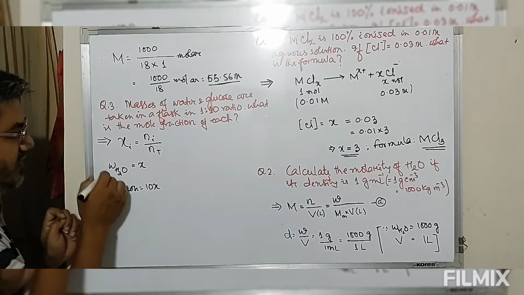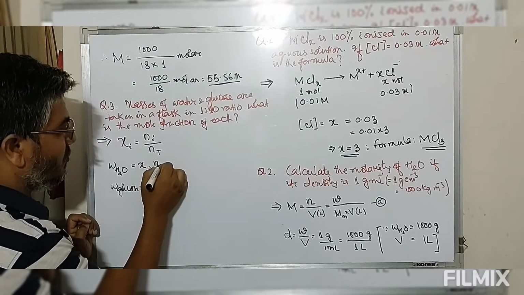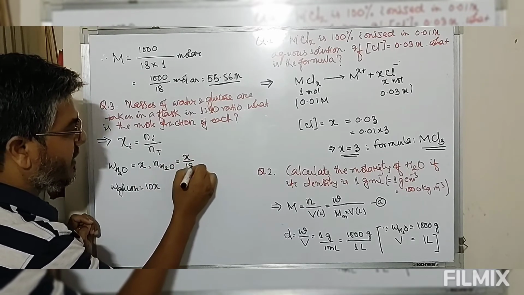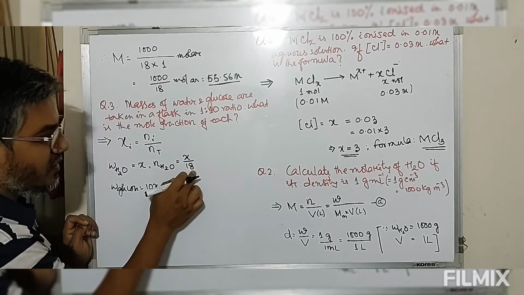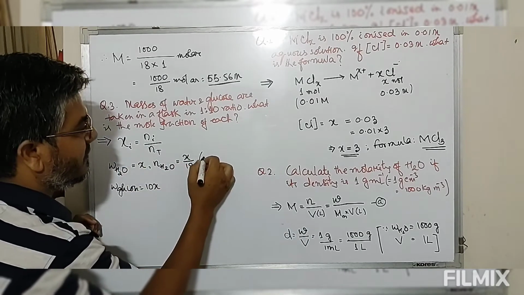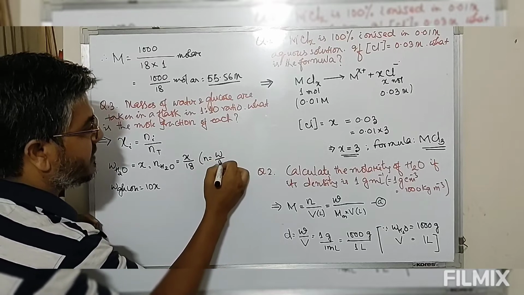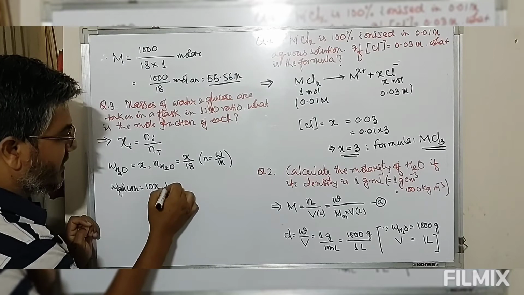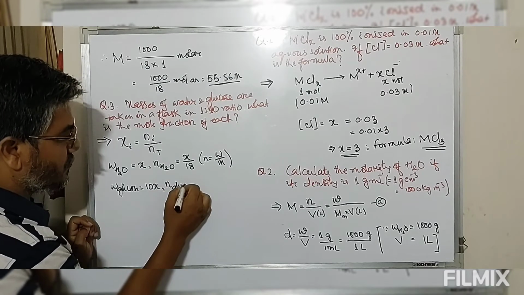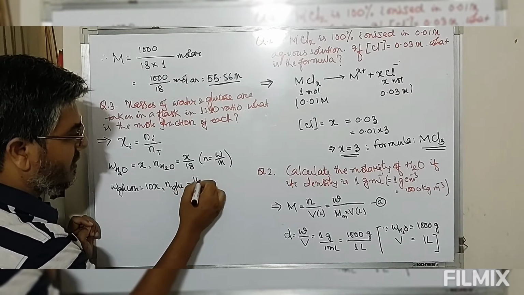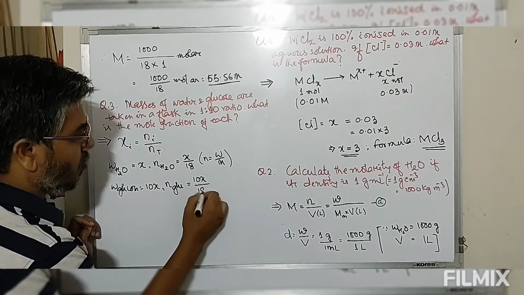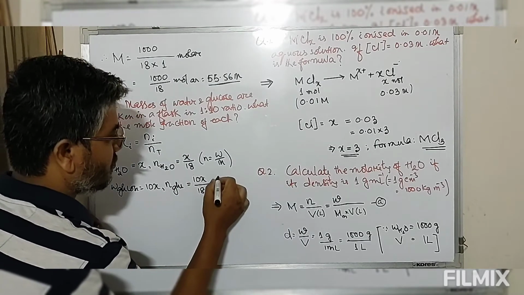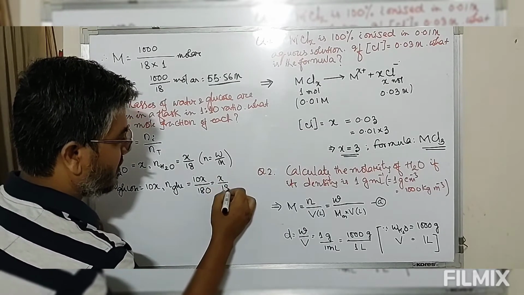Now if the mass of water is x, then the number of moles of water is x by 18, that is mass divided by molar mass. Molar mass of water is 18. Similarly, number of moles of glucose will be 10x divided by 180. Molar mass of glucose is 180. So this again comes out to be x by 18.